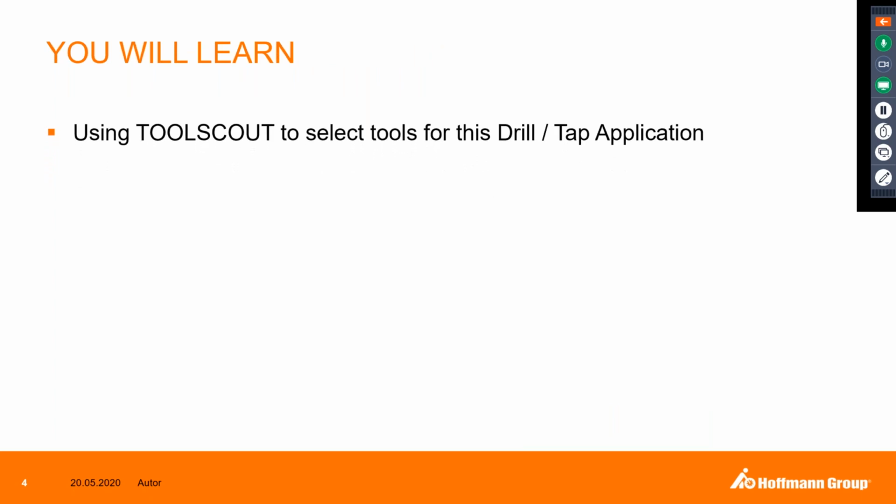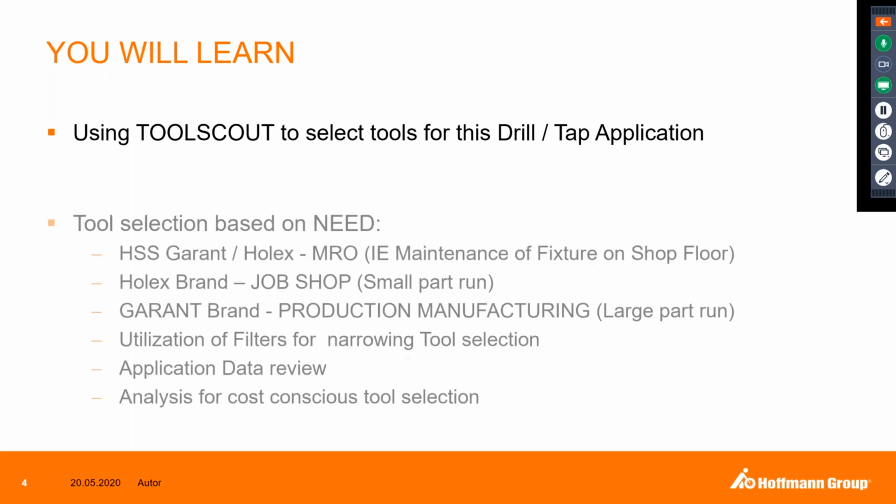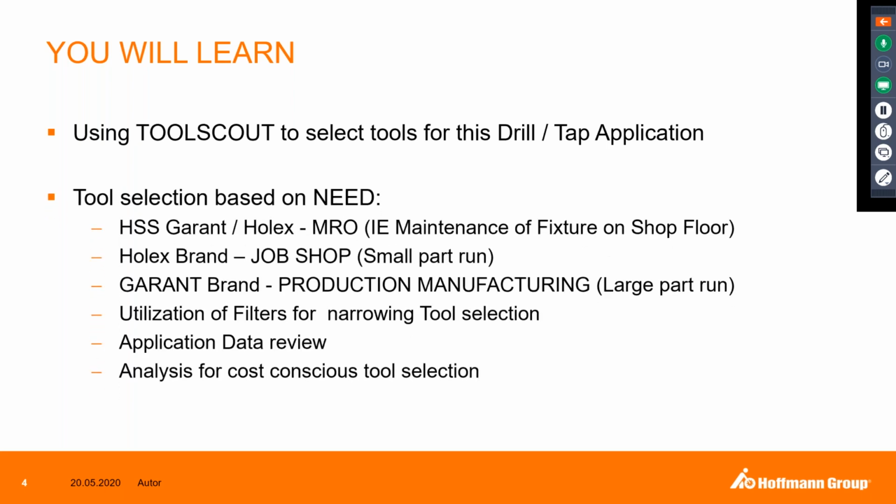What you're going to learn today is using ToolScout to select tools for this application. And in doing that, we'll look at this in a number of different ways, basically three hats, if you would. One would be a maintenance application, where just a maintenance guy or gal is challenged with one simple hole, tapping it.